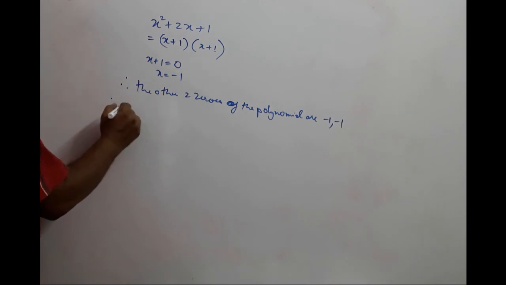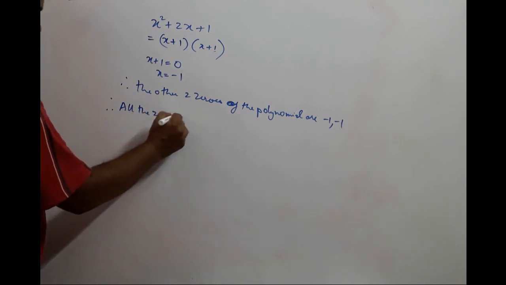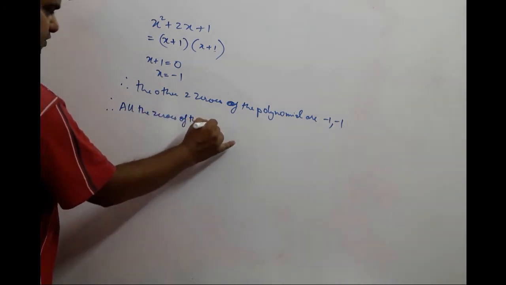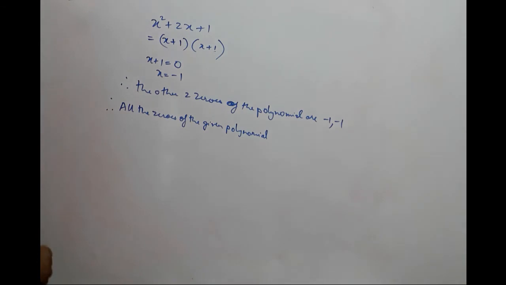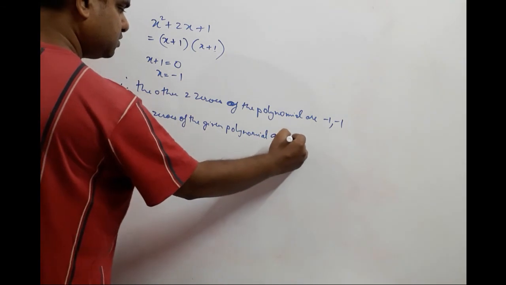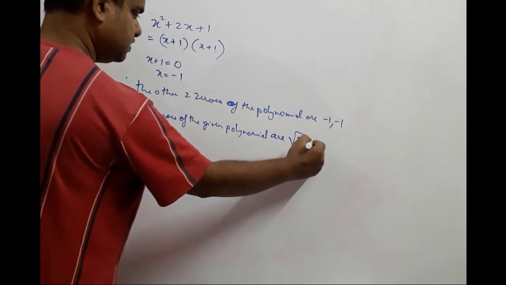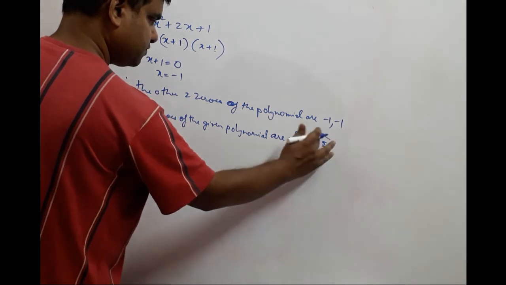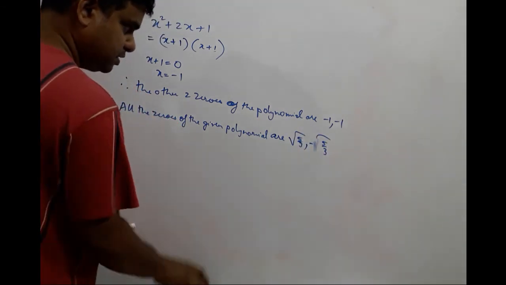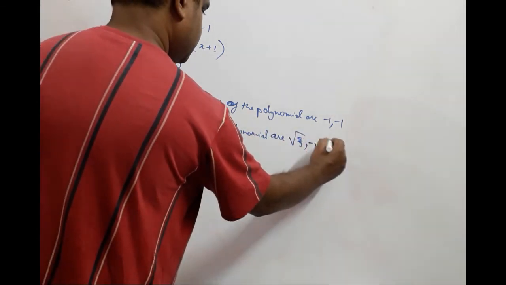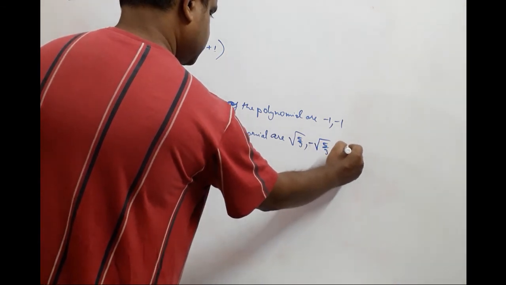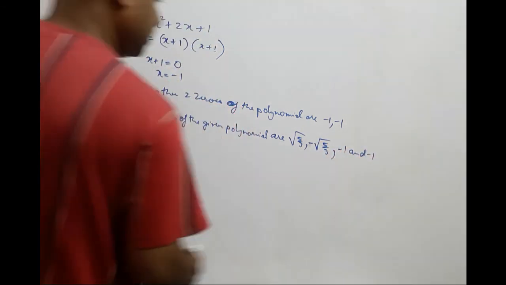Therefore, all the zeros of the given polynomial are square root 5 upon 3, which was given, minus square root 5 upon 3, minus 1 and minus 1.